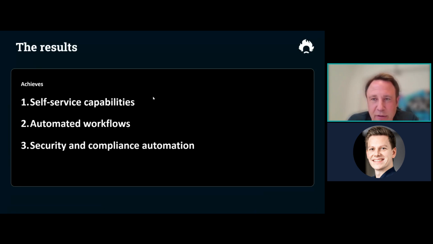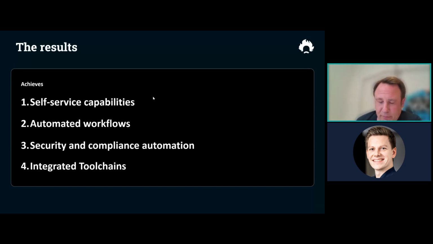You set standards and policies that you define once, and they're automatically applied to new environments and projects. And it's a smart way to integrate your existing tools and systems for a seamless development experience.